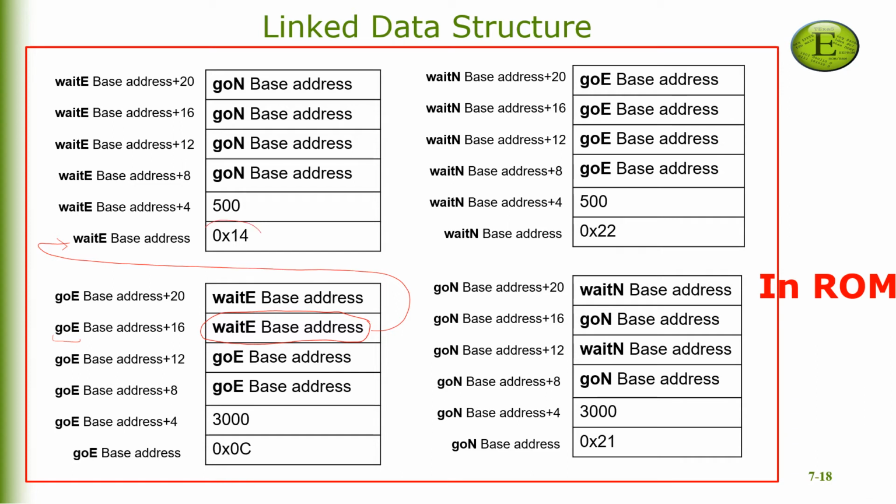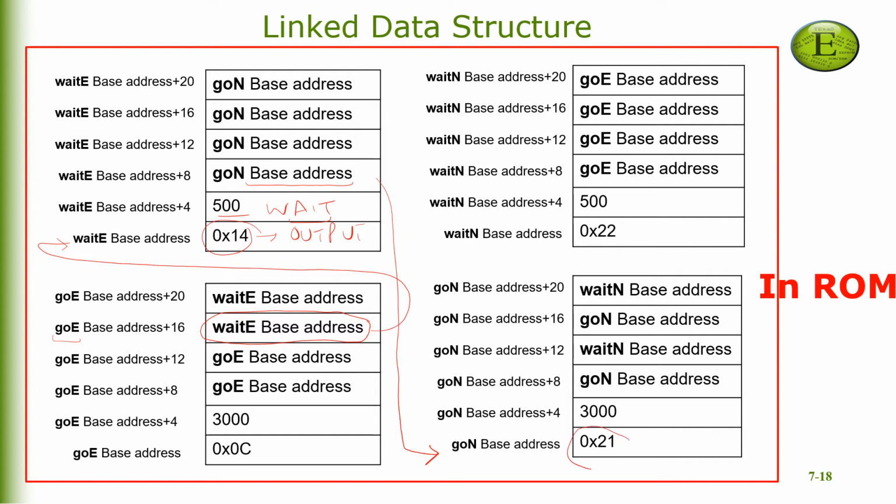And once there, we can output hex 14 and then send an instruction to the microcontroller to wait for 5 seconds. And then from wait E, if we have to make a transition once the 5 seconds are over, then we have the address of the next state, GoN, readily available, and we can make a transition over here.